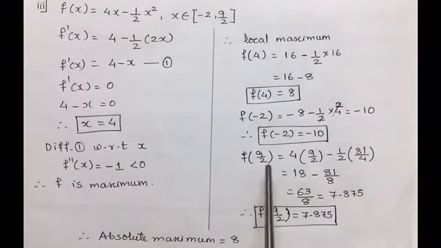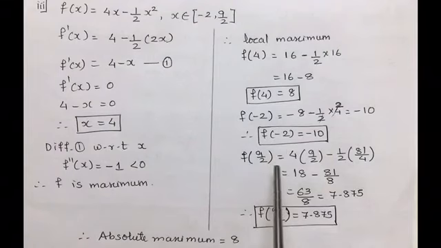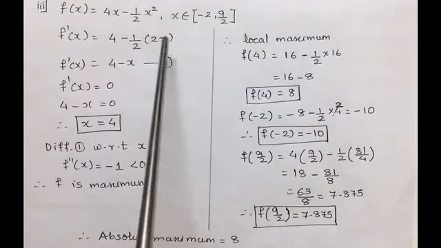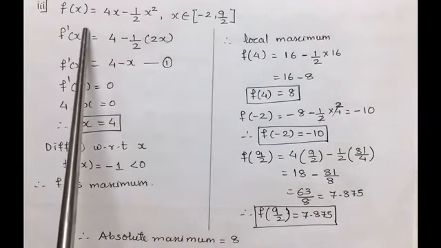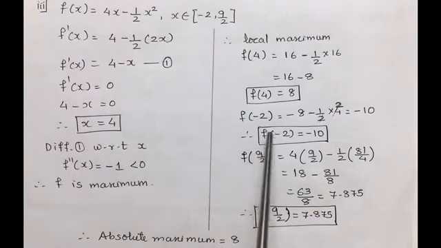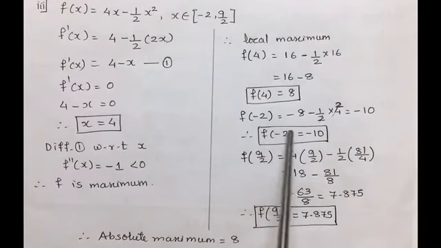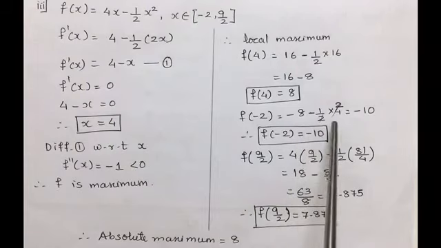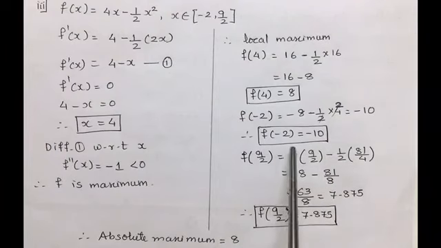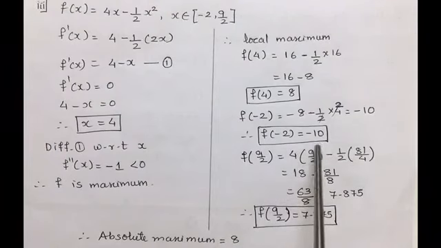Now for calculating the absolute maximum and minimum, we will keep the value of x equal to minus 2 in f. So we get minus 8 minus half into 4, and operating them, we get f of minus 2 as minus 10.